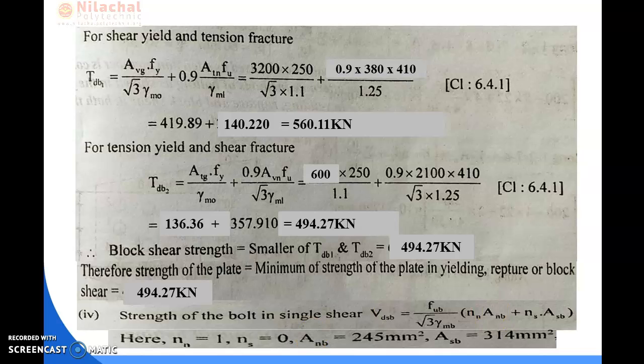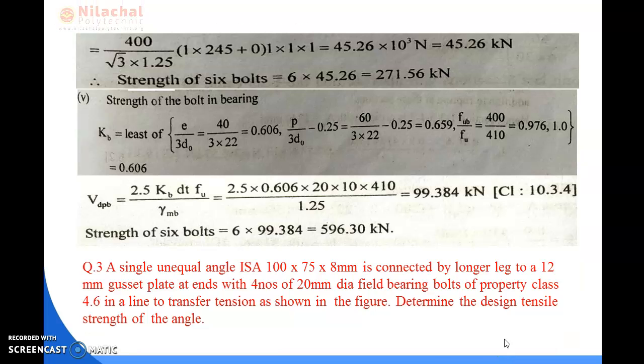So for the lap joint, the NN value is always 1 and NS value is always 0. And ANB is calculated as 245 mm square, as you know, and ASB is 314 mm square.